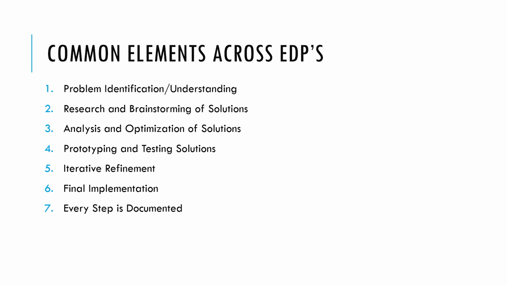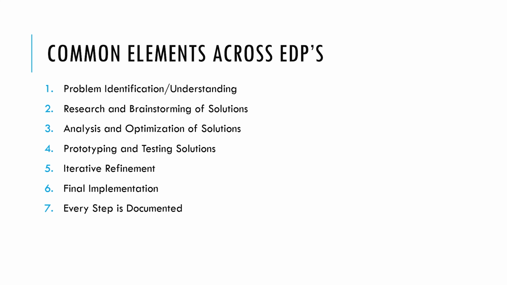So brainstorming is just wild speculation, and you want to encourage that, especially early on in the design process. So research, brainstorming is step number 2. And then you back off and you start saying, okay, well, yeah, we need to narrow this down now. Let's analyze some of the solutions that we came up with and see which ones are the best.